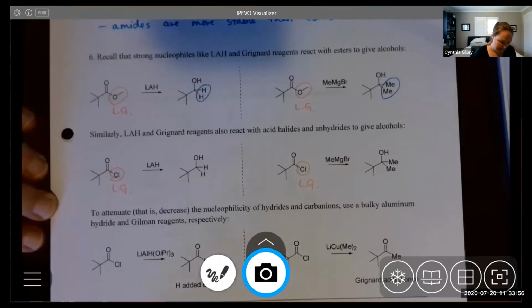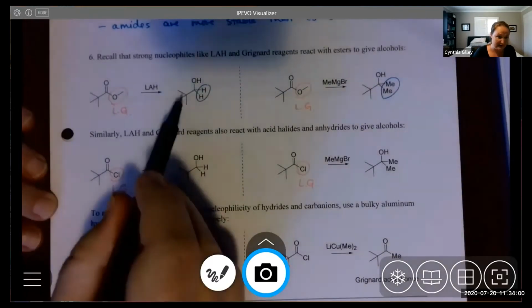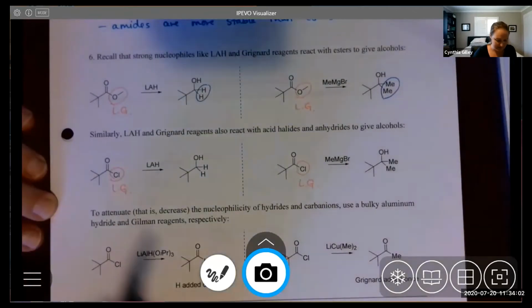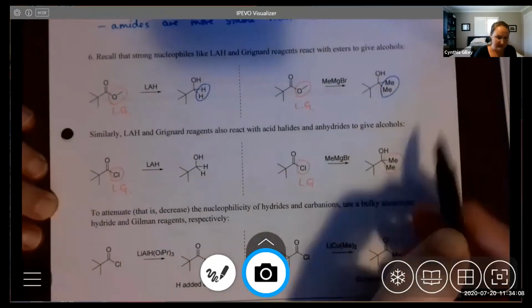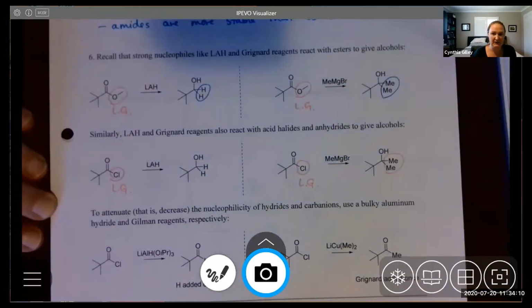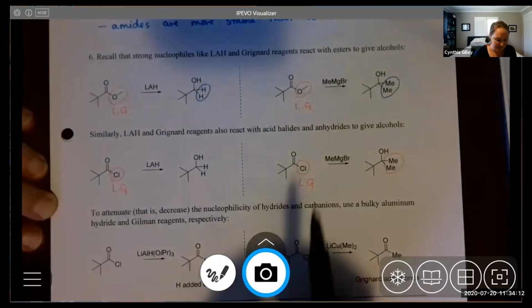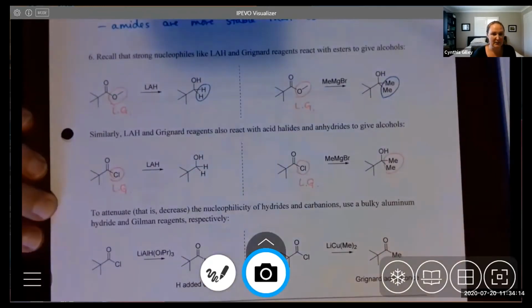It will react with LAH to form the exact same product as an ester. The only difference is the leaving group is different. It will react with a Grignard reagent to form the exact same product as if it had been an ester. The leaving group is different, but otherwise they both react the same way.